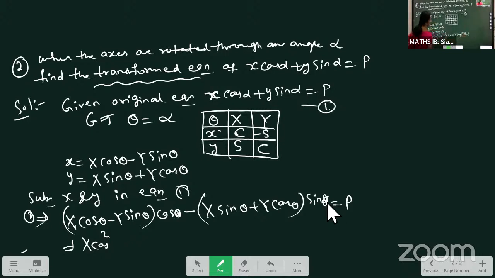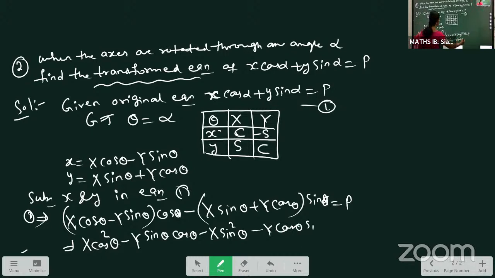Now, X cos theta into cos theta is X cos square theta, minus Y sin theta cos theta, plus X sin theta into sin theta, X sin square theta, plus Y cos theta sin theta, is equal to P. Any cancellation? Minus Y cos theta sin theta and plus Y cos theta sin theta get cancelled.